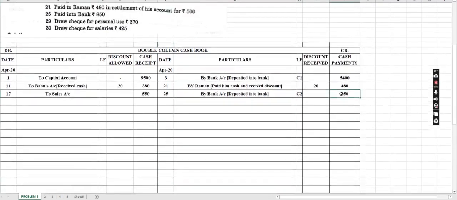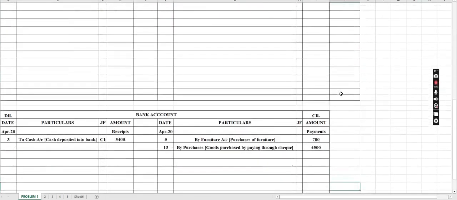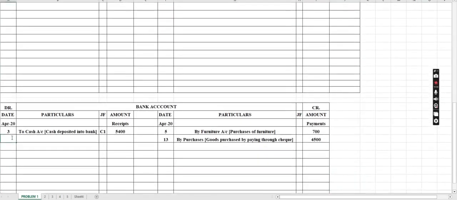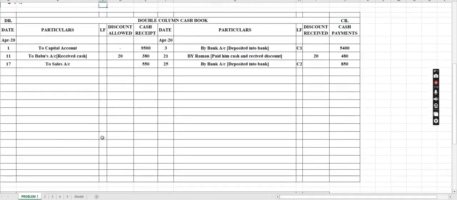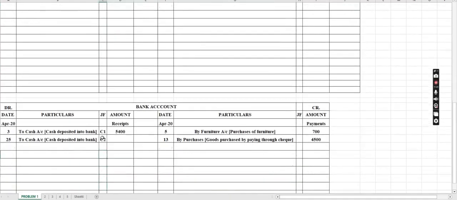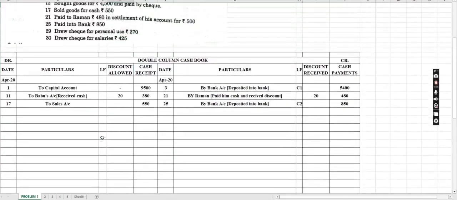That's why we have credited that here. But in the bank, again on 25th, cash is increasing because cash is deposited, contra entry 2. How much amount? The same amount of rupees 850. Okay, so now the next entry.